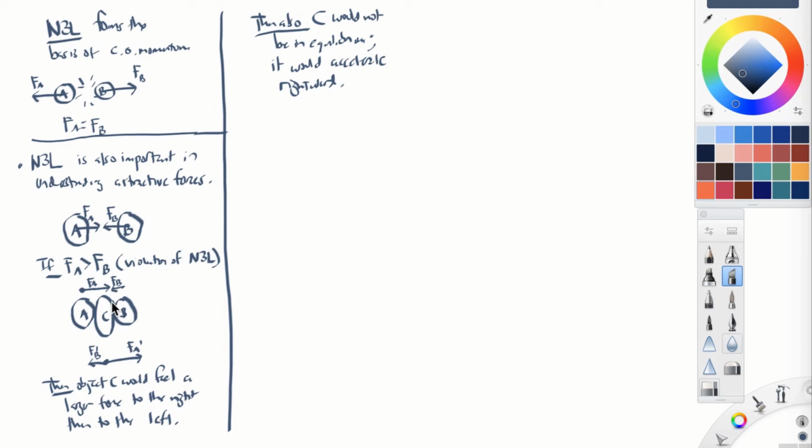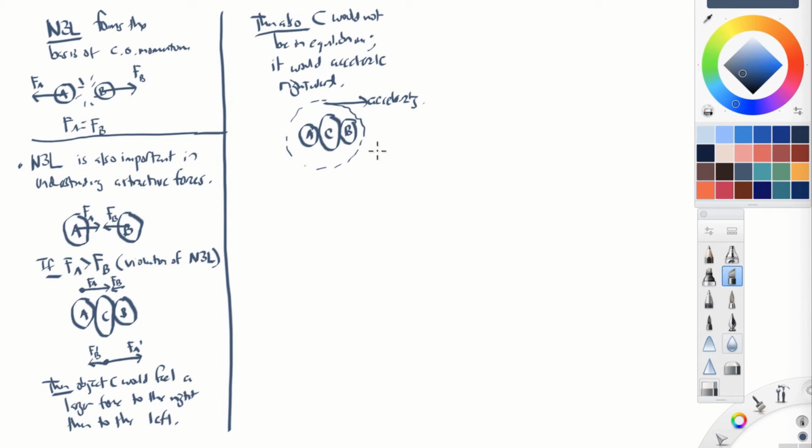What that tells us is that if you have this system of bodies, A and C and B, and A and B were magnets attracting each other, and C was some other rock you put between them, and if A was being attracted to B more than B was being attracted to A, this whole system of bodies would then start accelerating to the right.